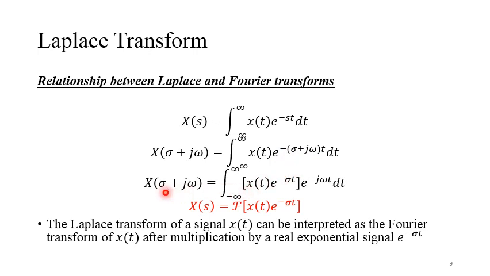If I take e power minus sigma t here, the remaining expression is basically the Fourier transform. So if we multiply e power minus sigma t with the original signal x of t and take the Fourier transform of it, it will be equal to the Laplace transform.